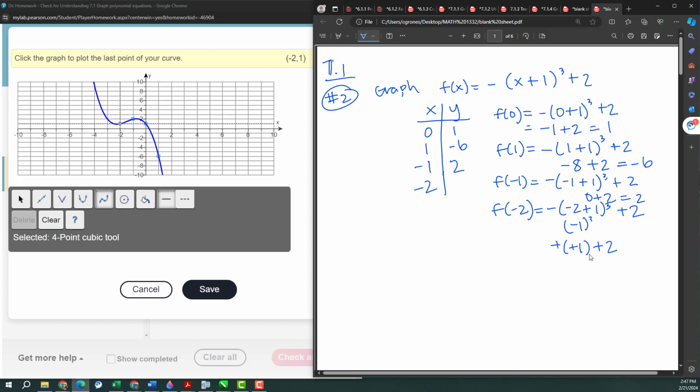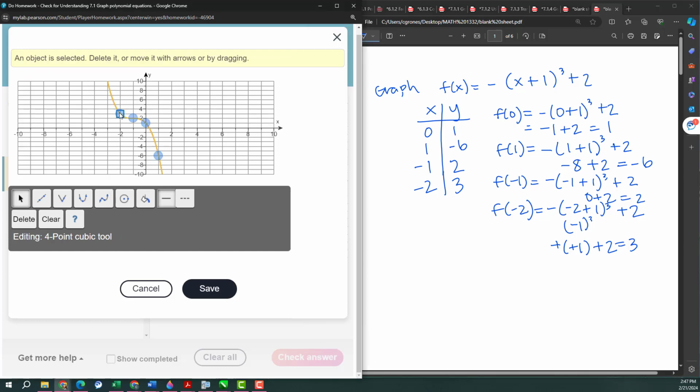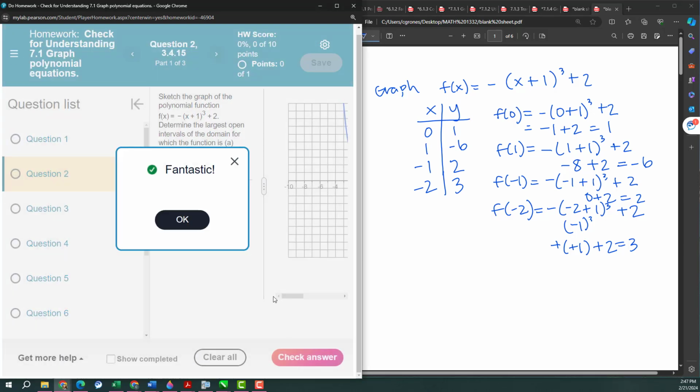This is a positive, so 1 plus 2 equals 3. So x equals -2, y equals 3. I'm sorry, +3. All right, save, check. Great. So you do need 4 points to graph this in Pearson.